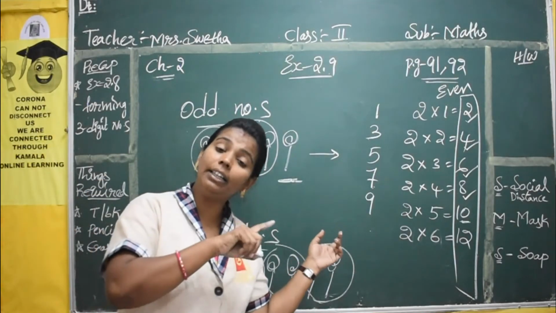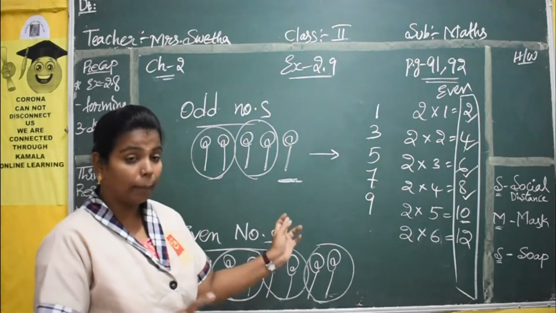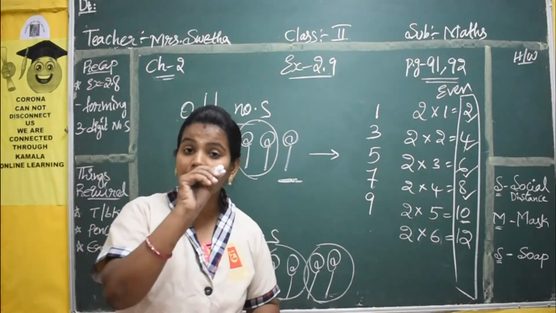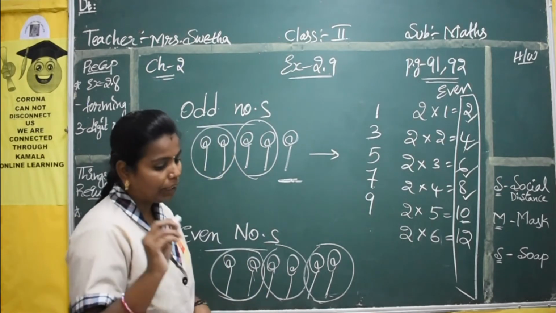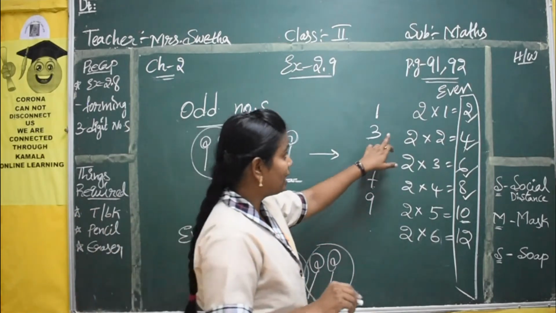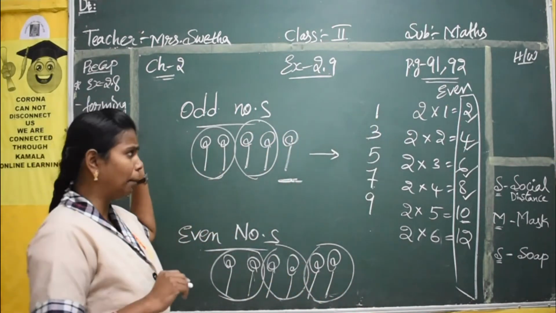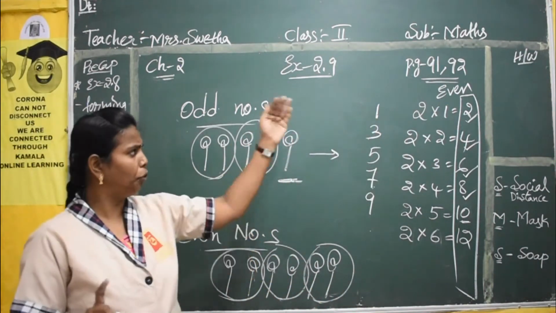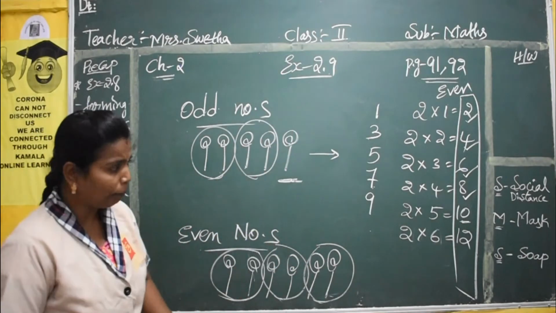For ascending and descending, we check the first number. But for odd numbers and even numbers, always you have to check the last number. Okay, if your last number is an odd number, that complete set will become an odd number only. Even if you have 10 digits in that number, that complete set will become an odd number.